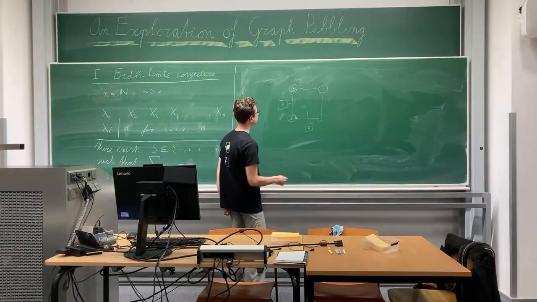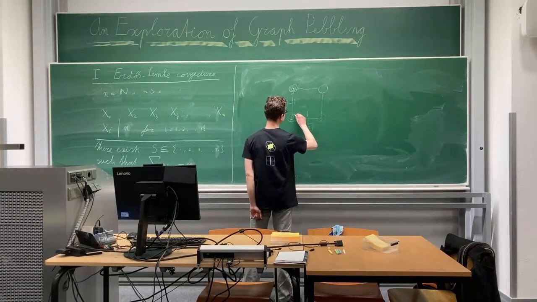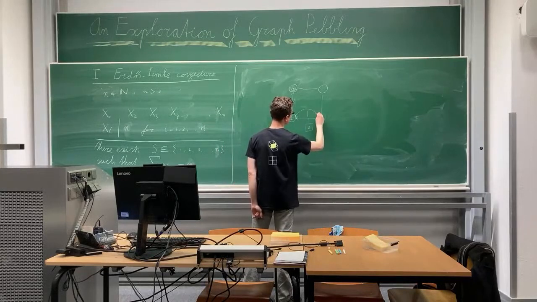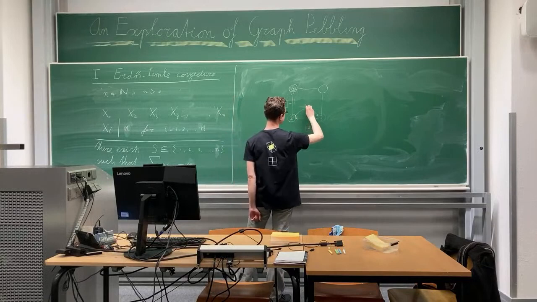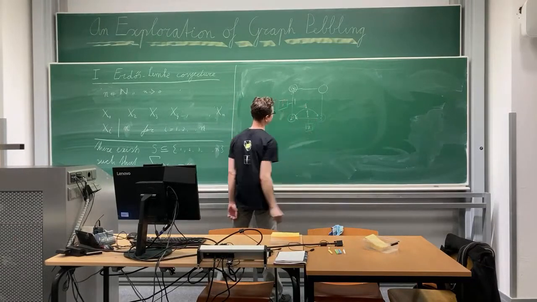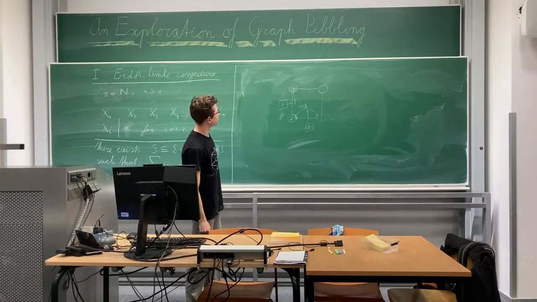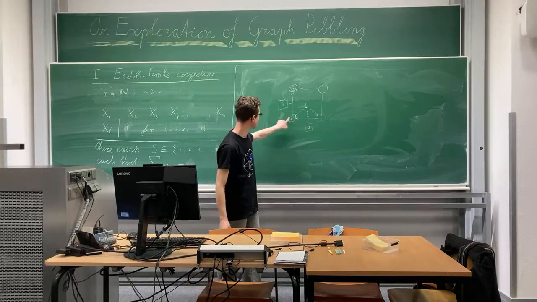If there would be bidirectional flow, so if I would also have an edge in this direction and there would also go a pebble in that direction, then I would get something like this. I hope it doesn't get too confusing. So this is maybe not feasible anymore.